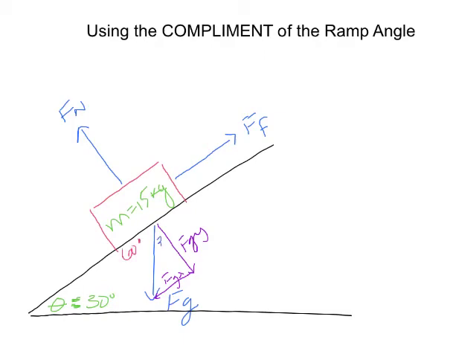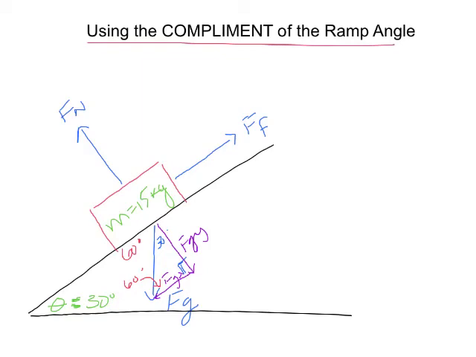Inside here is 30 degrees again, which also then means if this is a right triangle, this angle right here is also 60 degrees. All right, so if you want to just remember that x is always cosine and y is always sine, in forces, you have to use the complement then of the ramp angle, okay?